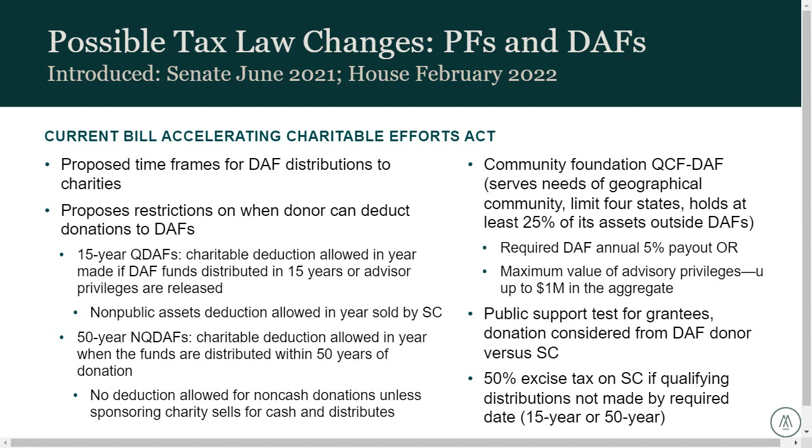So in other words, nearly 75% of total DAF assets were maintained in the accounts and not distributed out to 501(c)(3) charities and other qualifying organizations. So Congress is concerned that taxpayers are getting that charitable tax deduction up front, but the funds are not actually going to charities and used for charitable purposes.